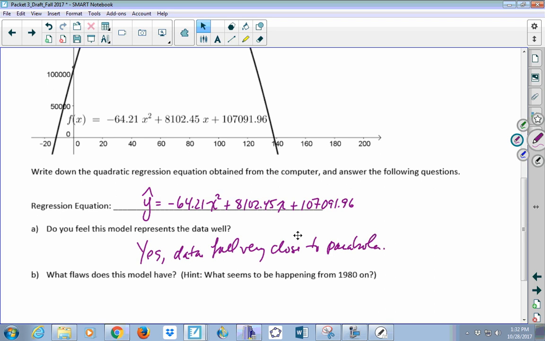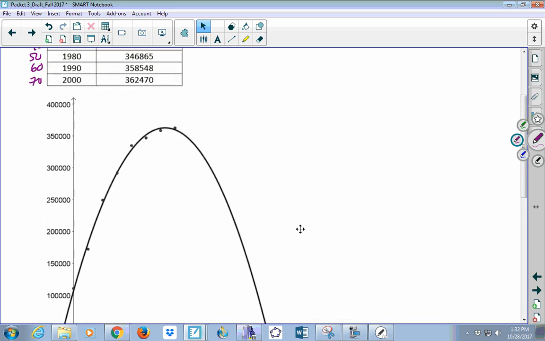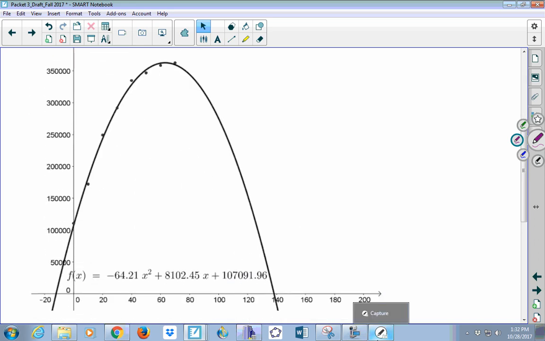Okay, so what flaws does this model have? Let's see what seems to be happening from 1980 on. 1980 is 50, so it's right in this area. After 1980 we're increasing, but slowly, and it appears we might be leveling off.